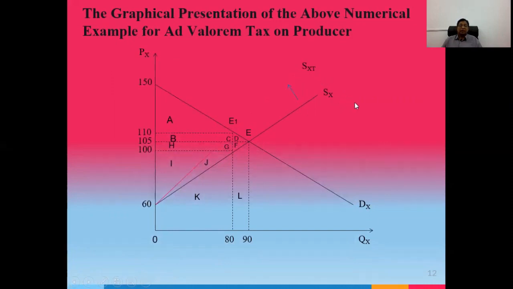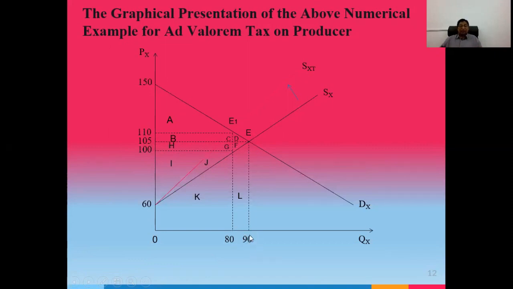This is the initial supply curve, this is the initial demand curve as given by the demand and supply functions. Then equilibrium occurs at point E. Equilibrium price before ad valorem tax is 105, equilibrium quantity 90.